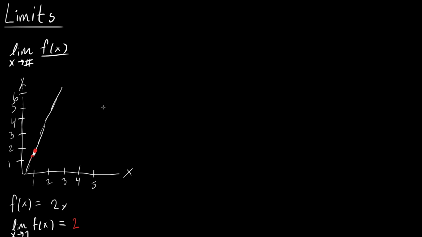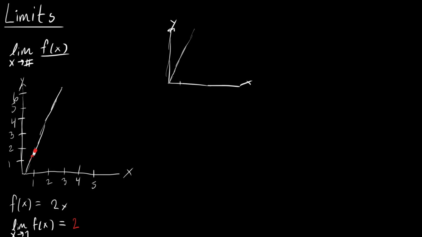But now let's do another example. Let's do a graph that looks something like this now. So y, and then x. We'll use the same function here. I won't redraw the numbers, but you get the point.